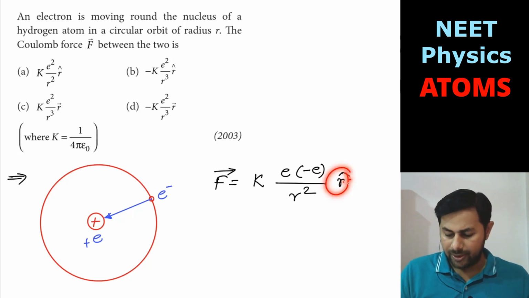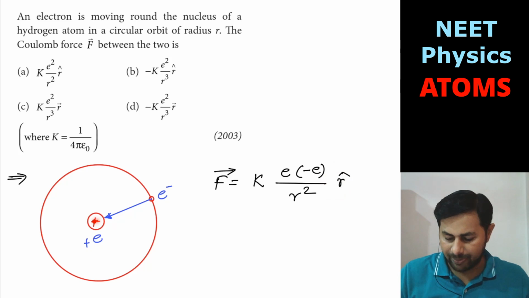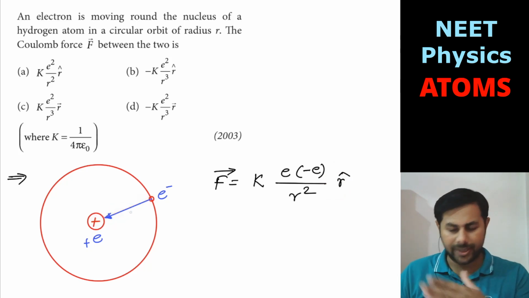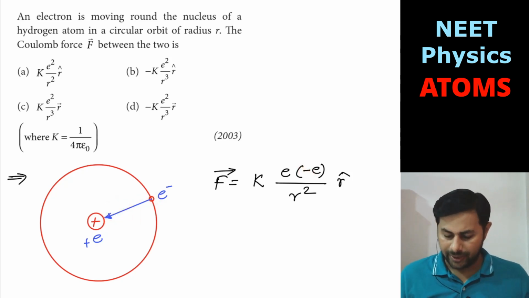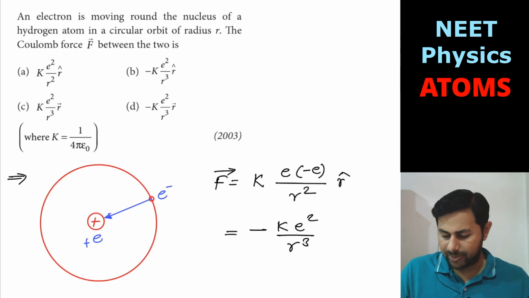R cap is directed along the radius but away from the center. That's the unit vector in the direction of the radius. But the Coulomb force acts in the opposite direction, right? That's why your formula is minus k e square by r square. But what you can do is multiply and divide with r.